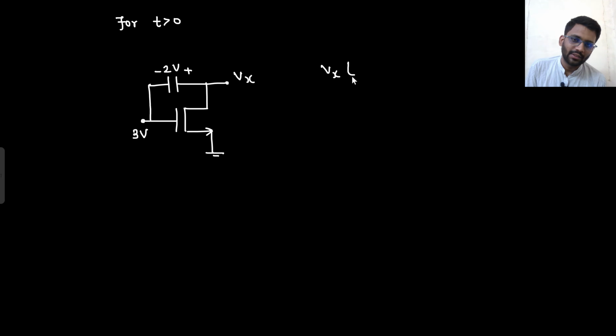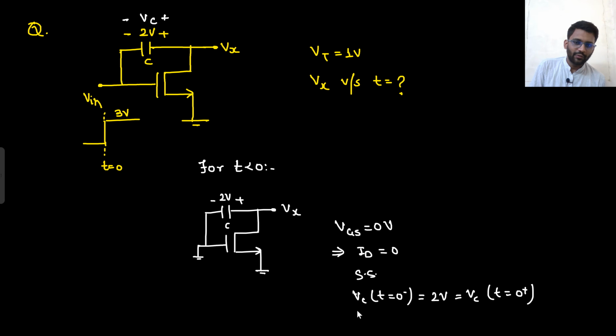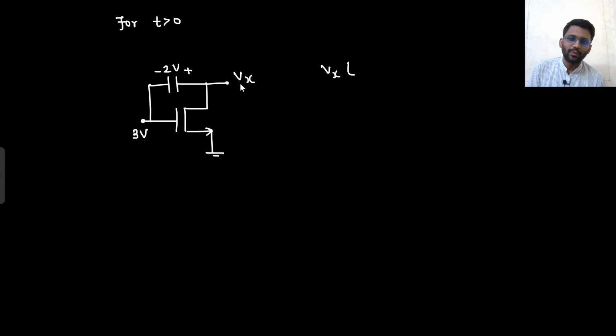So what was your Vx potential for t equals 0 minus? This was 0 and this would be 2 volt. So what will be your Vx potential at t equals 0 plus? This was 3 plus 2, 5 volt. Vx potential at t equals 0 plus was 5 volt, right?